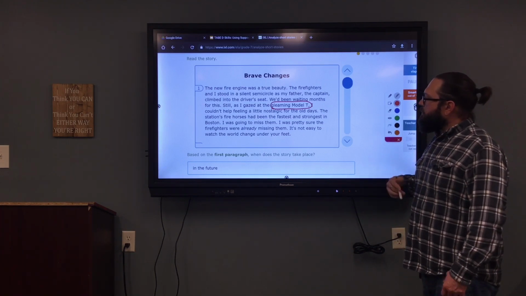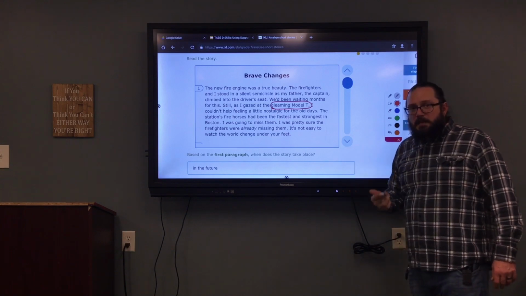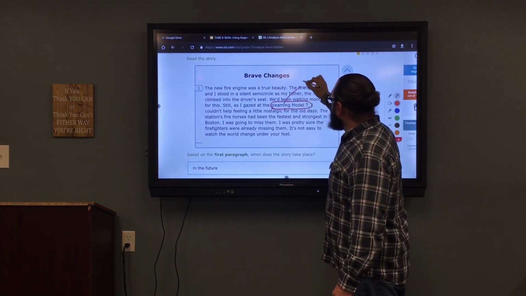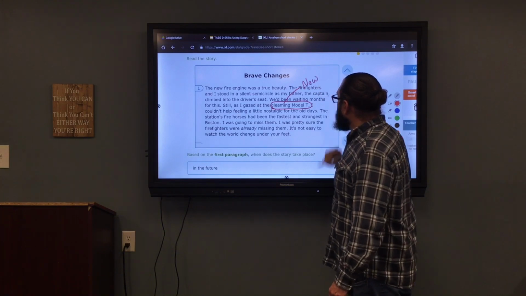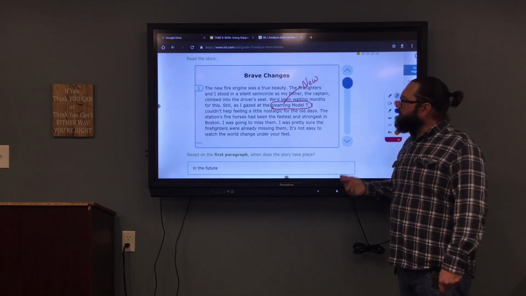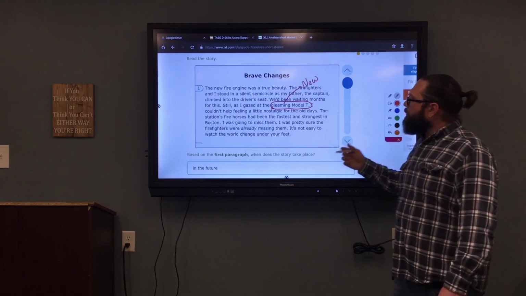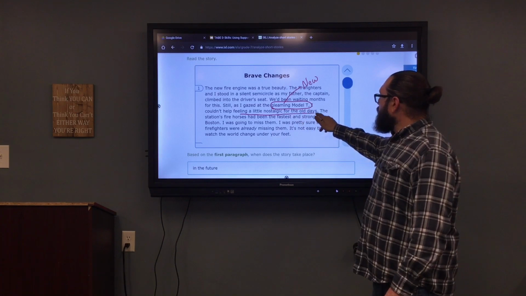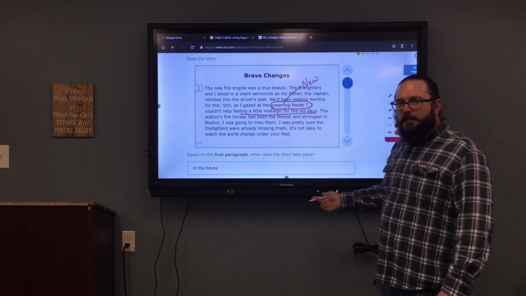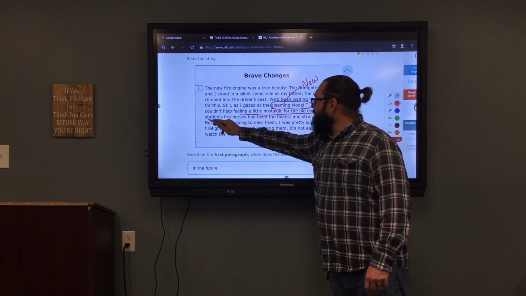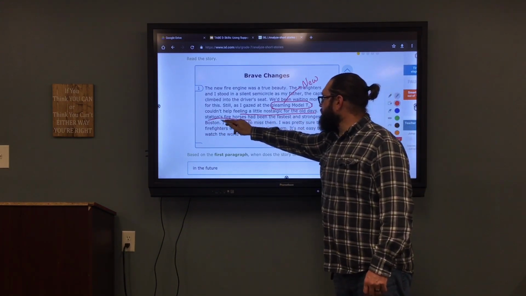All right, so as I gazed at the gleaming Model T, gleaming gives us a clue of being new. So in this case, this is a brand new Model T. Then we're told that we're feeling a little nostalgic for the old days. So what happened in the old days? The station's fire horses.